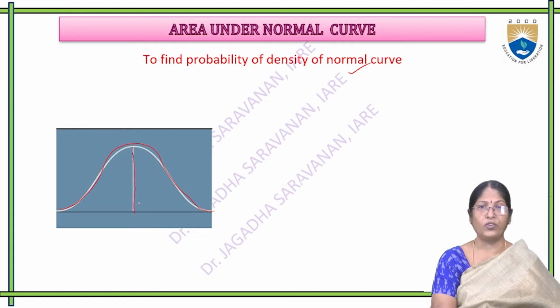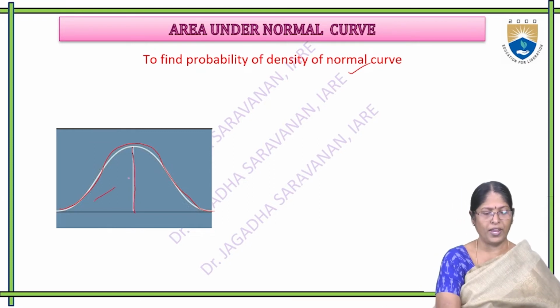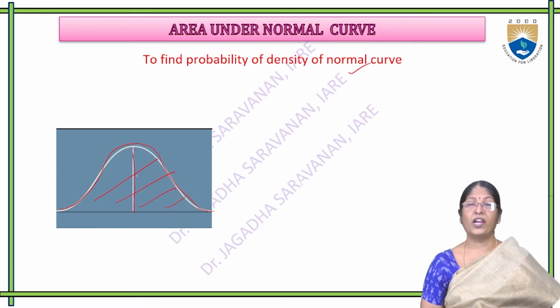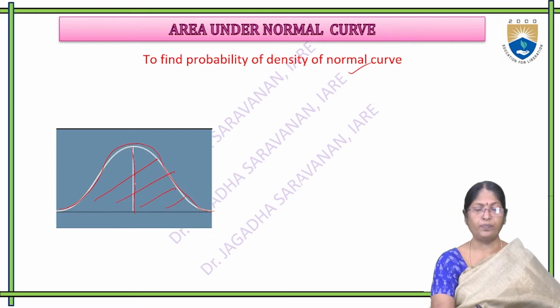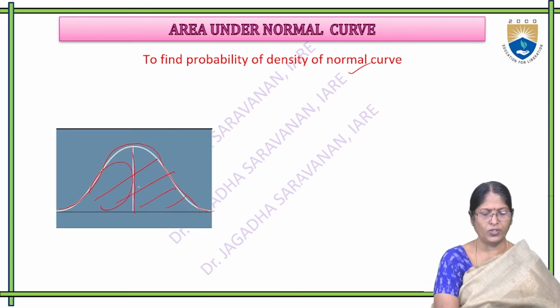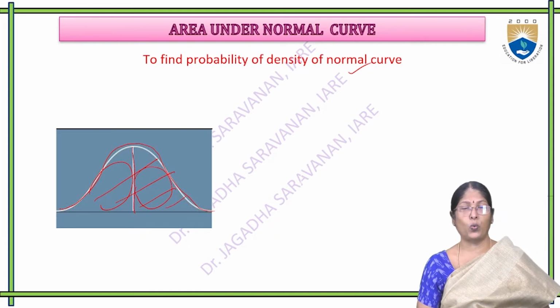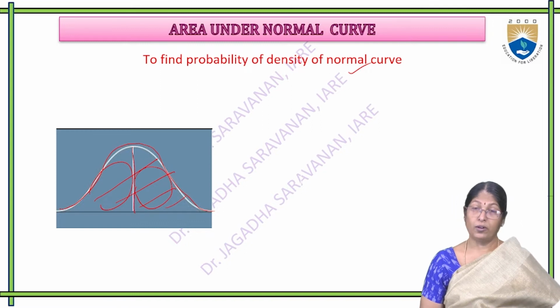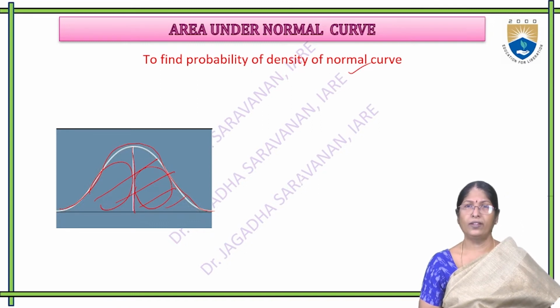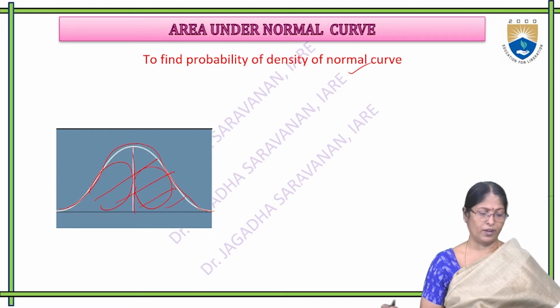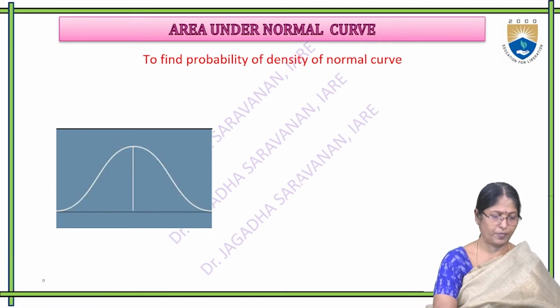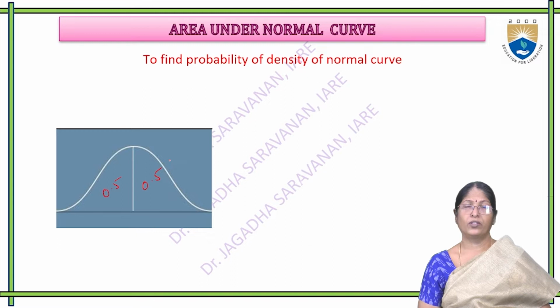A vertical line divides the complete area symmetrically, so both sections have equal area. One more condition is that the total probability is 1. So here we can see 0.5, here also 0.5, so the total probability is 1.